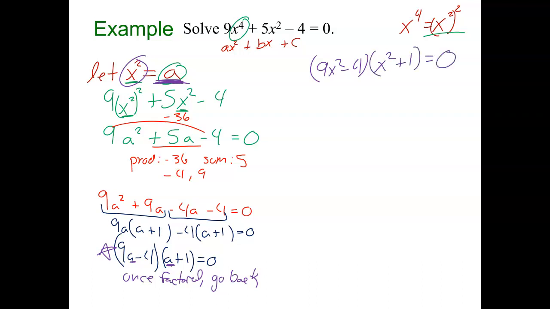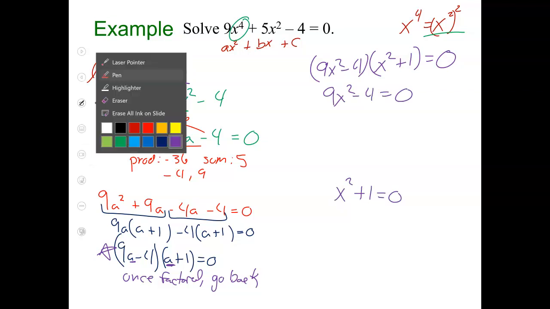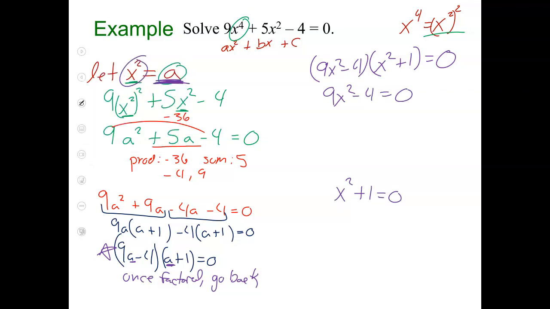Now we can use our square root property to solve both of those. We'll still set them equal to 0. Okay, I want to solve that first one. 9x squared minus 4 equals 0. Yeah, absolutely.